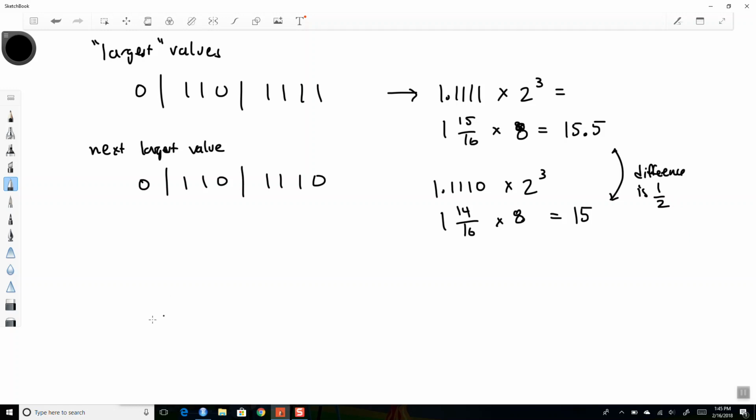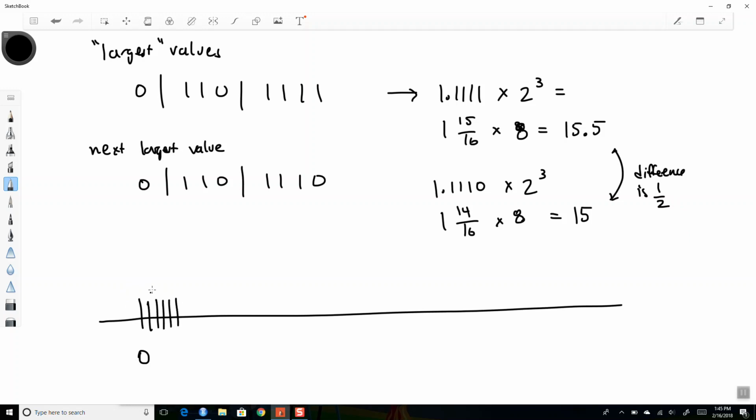And so the number line, the way it looks is it starts at 0, okay, at least for the positive side, and it's symmetric for the negative side, is that in the beginning, our values are very close together. These increment by 1/64, okay?